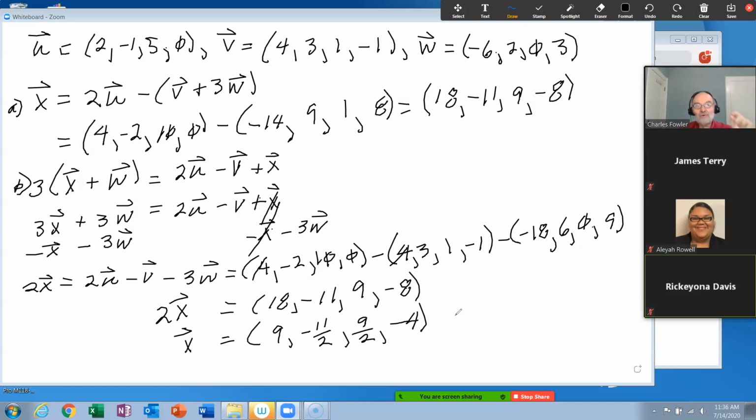Similarly, the vector minus v, say this was a vector v in R4, minus v would have been -4, -3, -1, 1. That vector is the additive inverse, because if you add that to v, v plus minus v, you get the zero vector. So that's called the additive inverse.